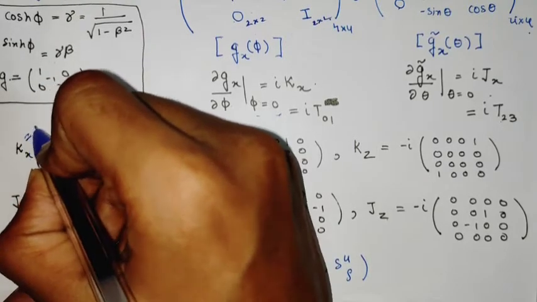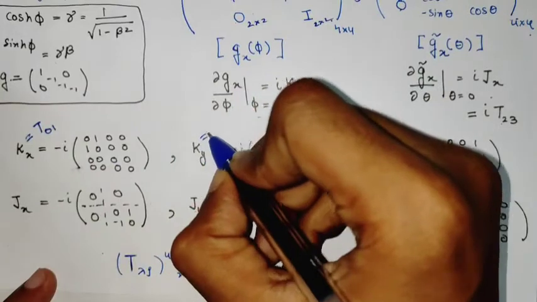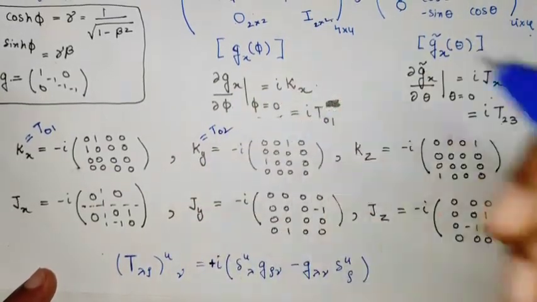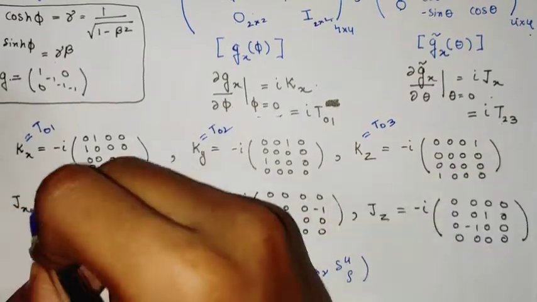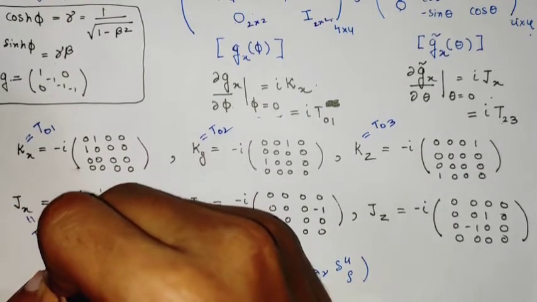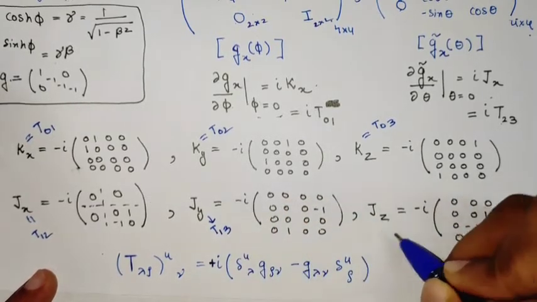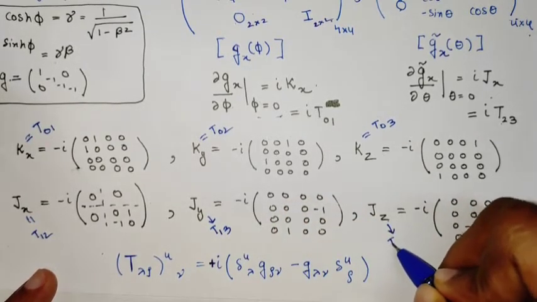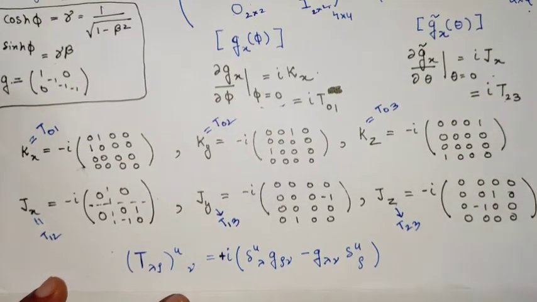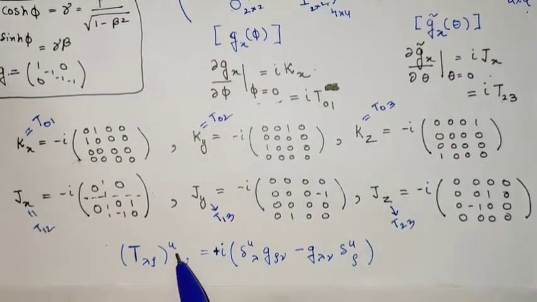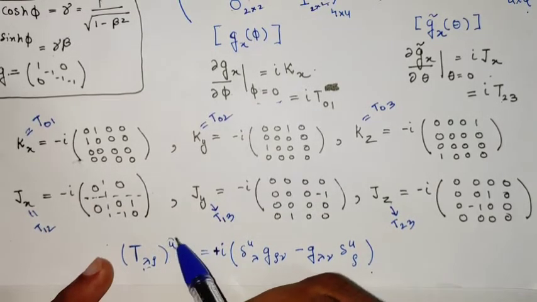So we say that this is equal to some T01, this is equal to T02, this is equal to T03, and this is equal to T12, this is T13, and this is T23.